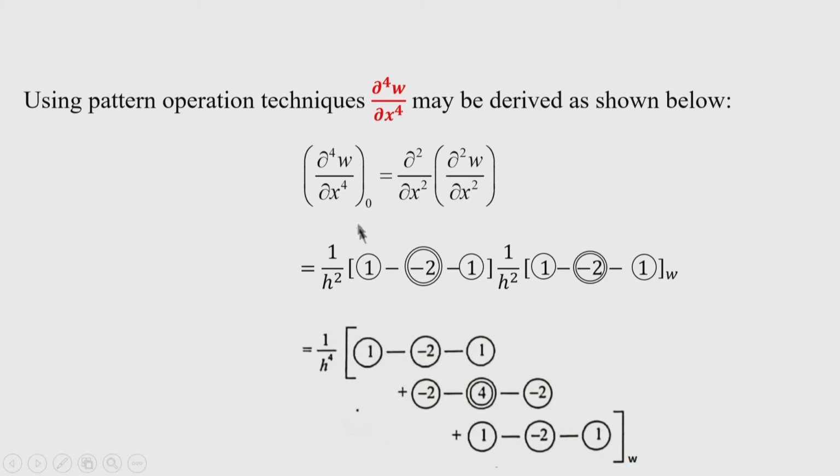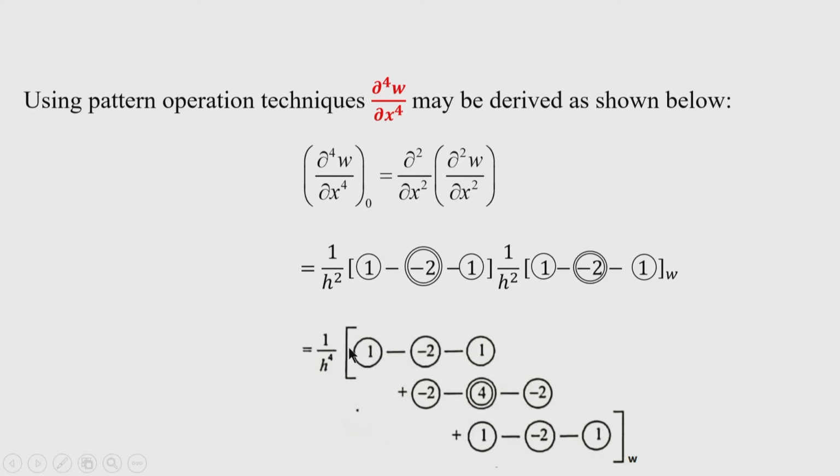So, the fourth derivative is now obtained. The fourth derivative will be 1 by h to the power 4 bracket 1, if you add this 0, then add 6 and again add minus 4 and again add 1.